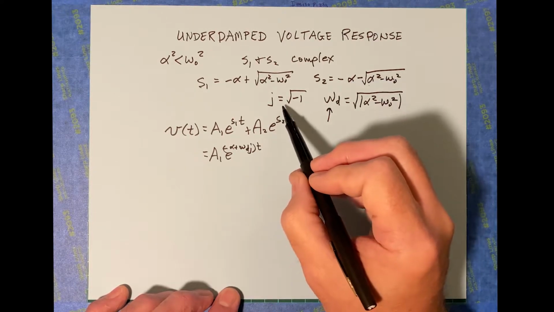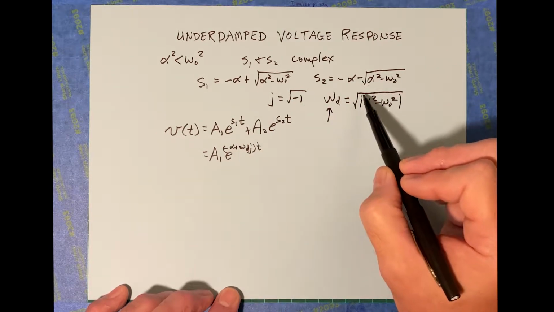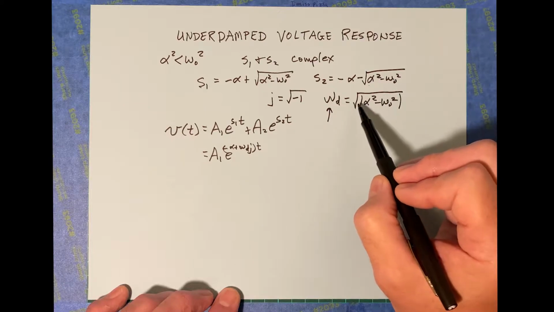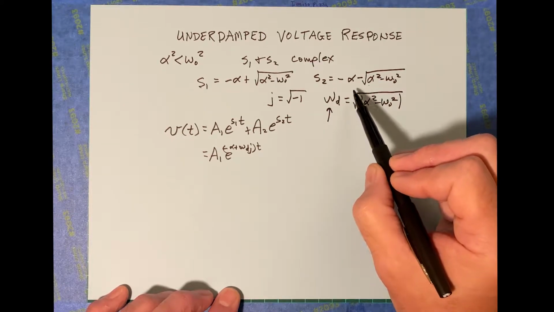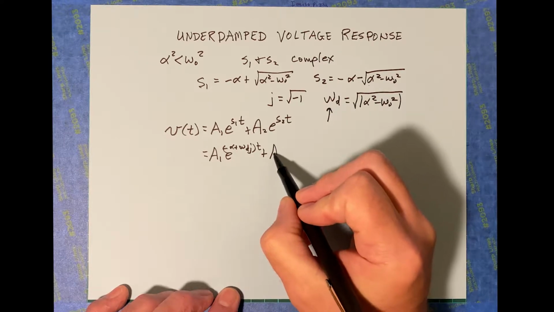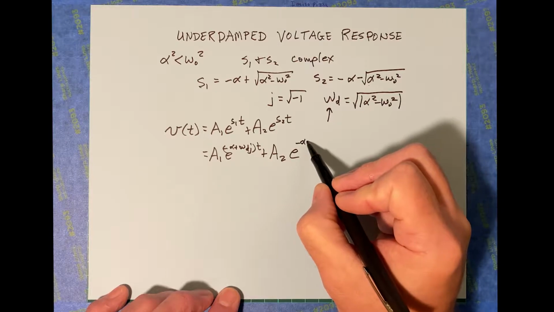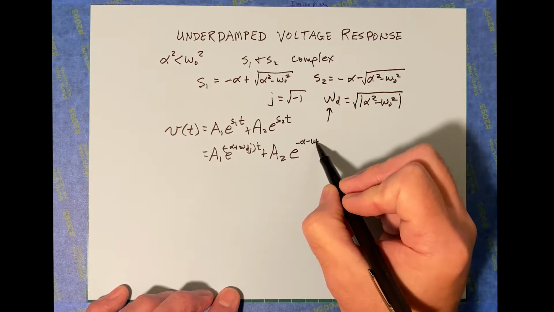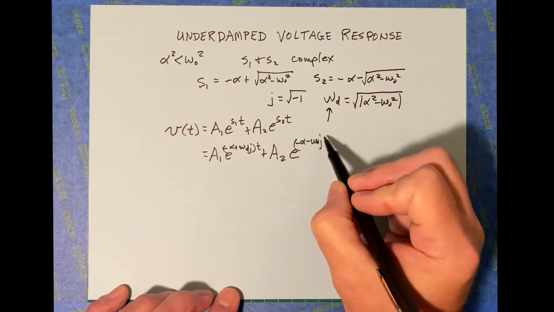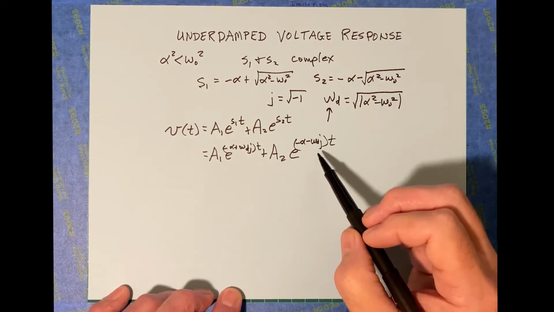So I substituted in for S1 and S2. Omega sub d is what's underneath the radical, and I factored out the j. Okay, so that's that one right there, and then plus A2 e to the (minus alpha minus omega sub d j) t. All right, so we've plugged in for our S1 and our S2.